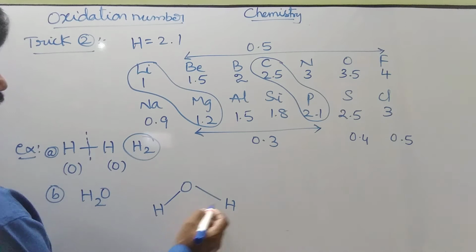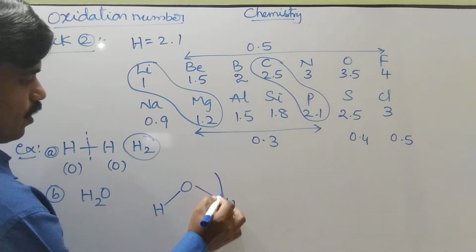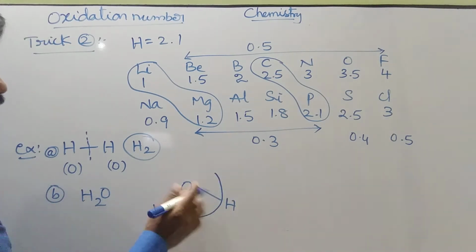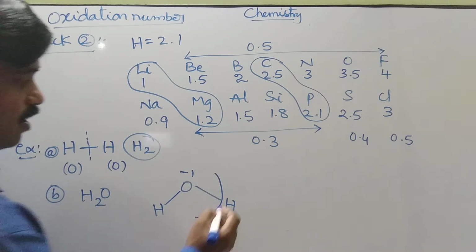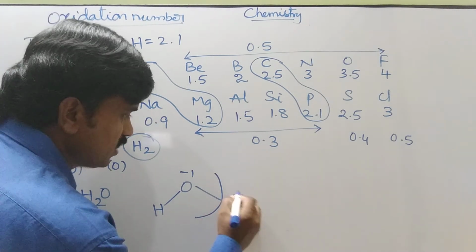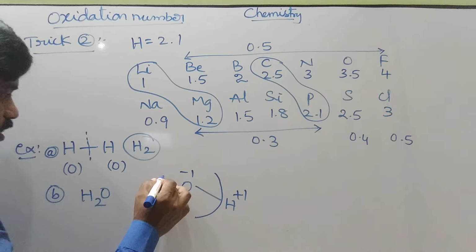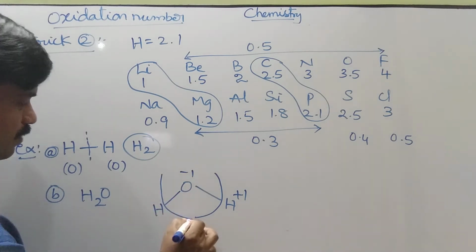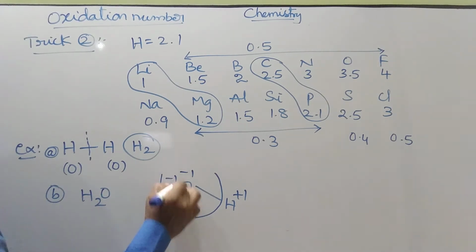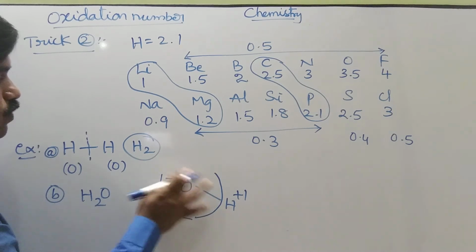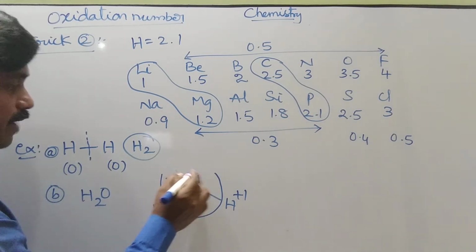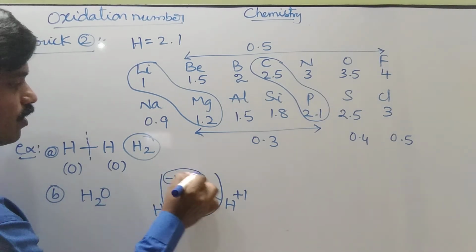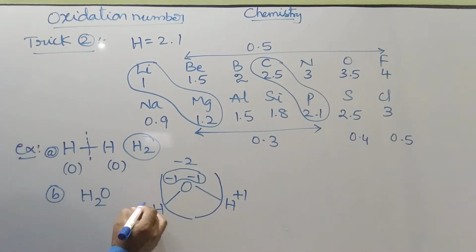That's why in this case, oxygen accepts this bond. So it is having -1, and here hydrogen is +1. In this case, here also oxygen is accepting this pair. So here also -1. So -1 and -1, it is exhibiting -2 oxidation state. Oxygen is -2. Each hydrogen is +1. Right?